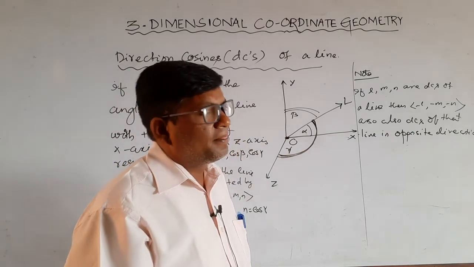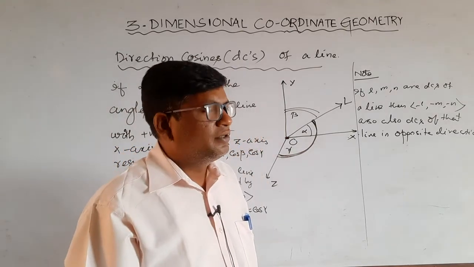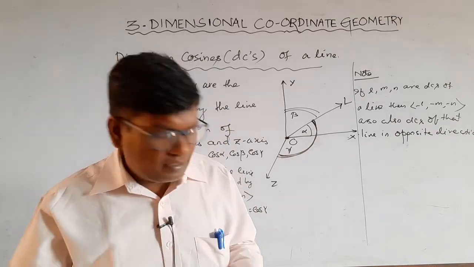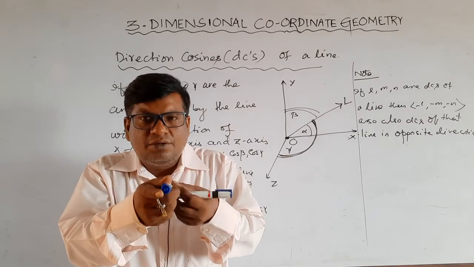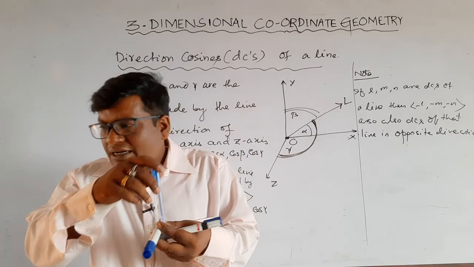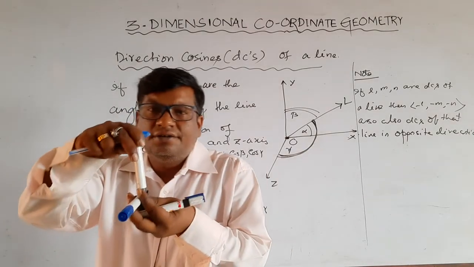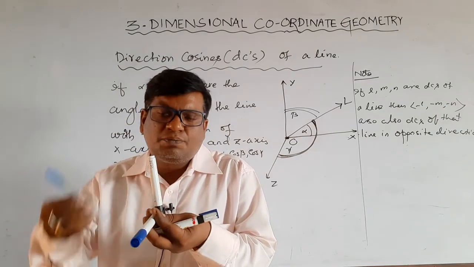Another note: what are the DCs of the x-axis? Suppose this is the x-axis, this is the y-axis, and this is the z-axis. Clear?